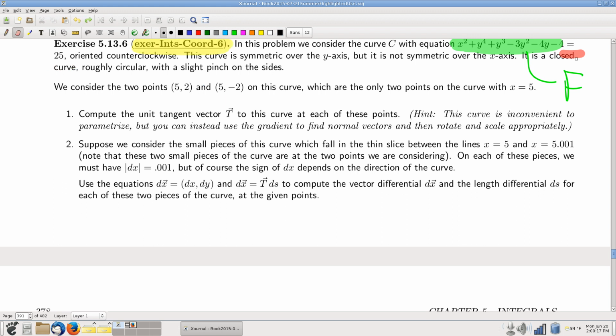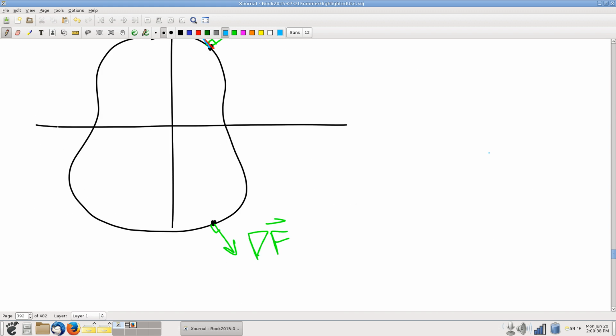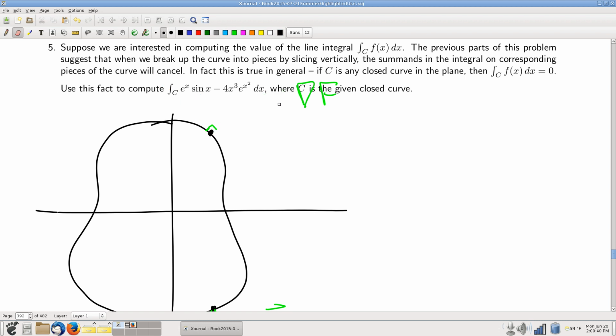So now we get into the little differentials part. Okay, so we're going to consider 2 small pieces of this curve that fall in this thin slice, and the thin slice is between these 2 values of x, right? 5 and 5.001. I just made these up. So here's where 5 is.